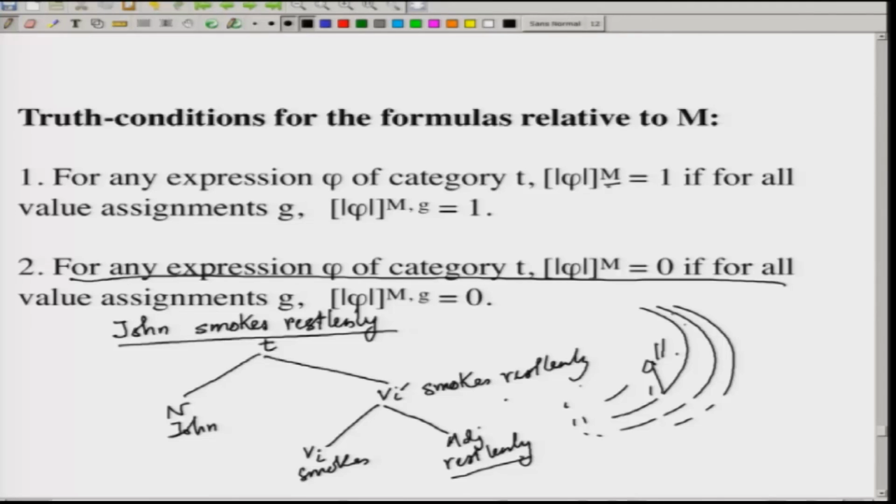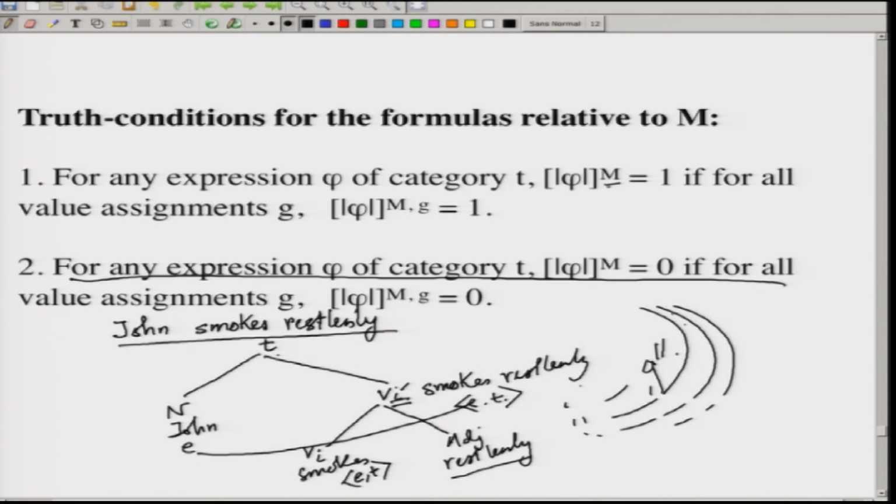You see, we know the type of John is E. We know the type of Vi prime is E to T. Otherwise, T could not come. So E and E to T, so T comes out. So the type of this node is E to T, and smokes we know for sure is E to T. It's a 1-place predicate, right?